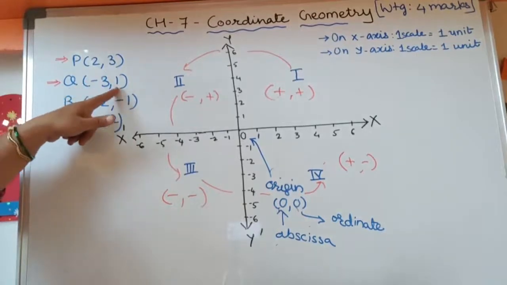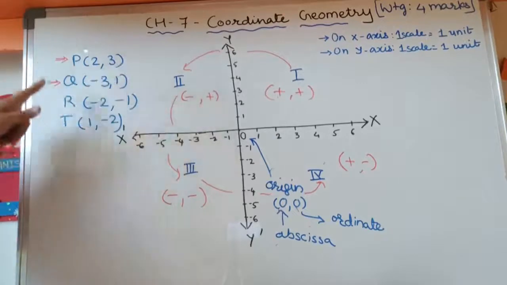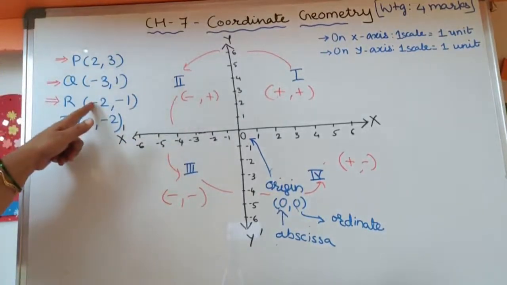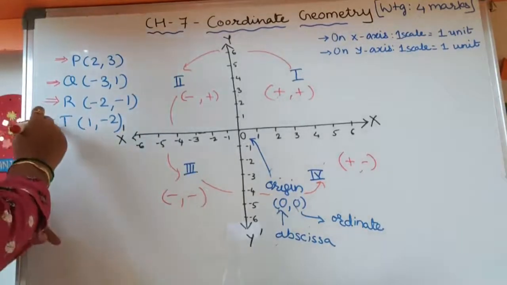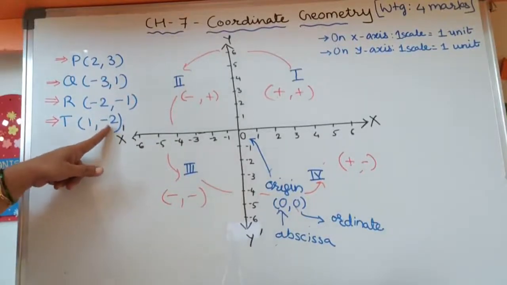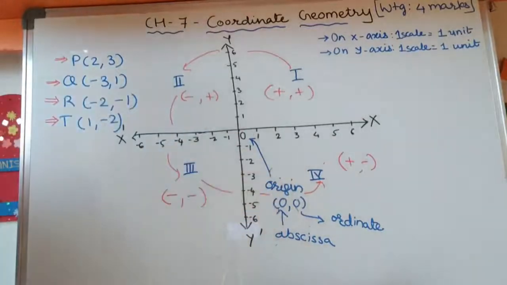So minus plus, and it will lie in the second quadrant. What about R? Both are negative, so it will lie in the third quadrant. And the last one, T: plus 1, minus 2, so plus minus. It will lie in the fourth quadrant.